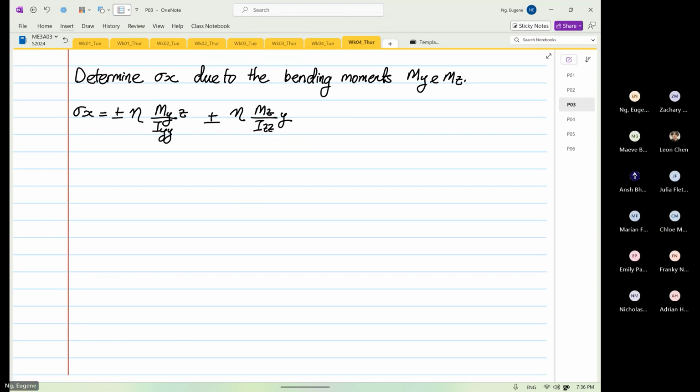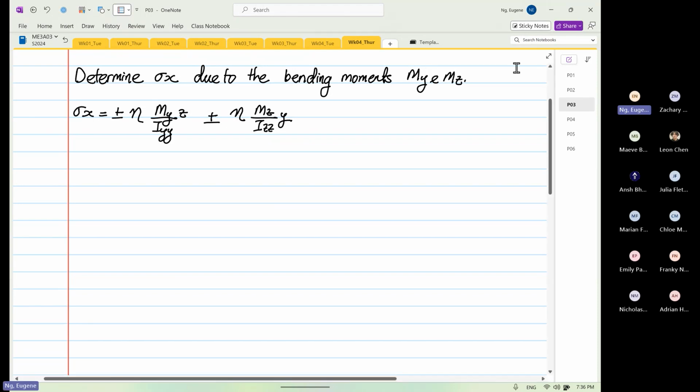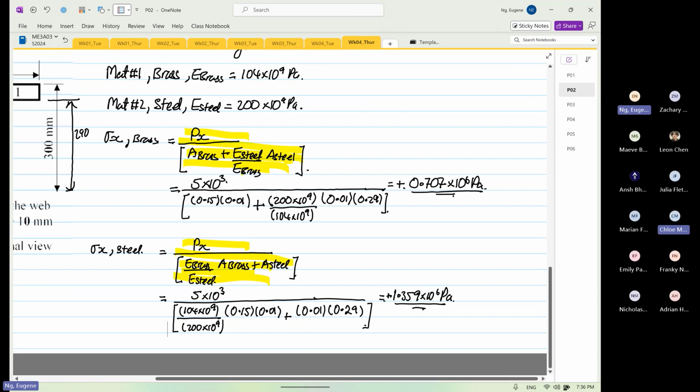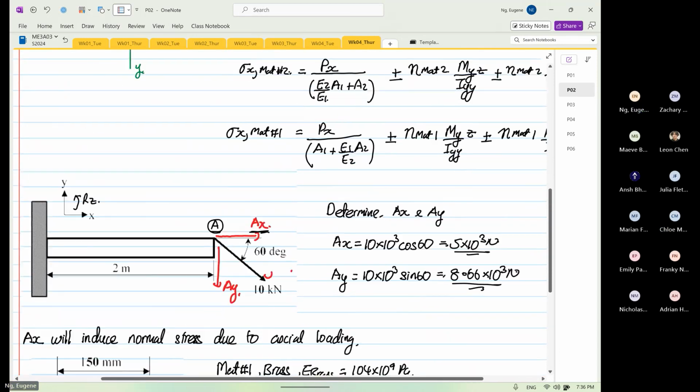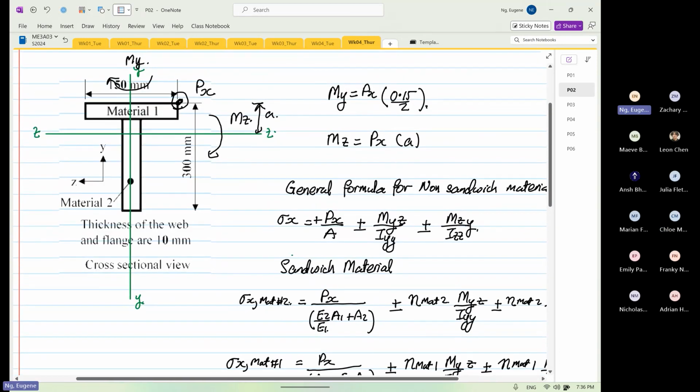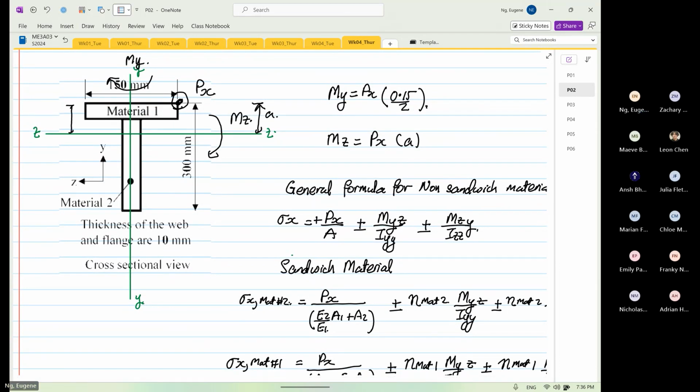Okay. So before we go any further, we need to find the centroid. We need to find this y bar value. That y bar value is important.